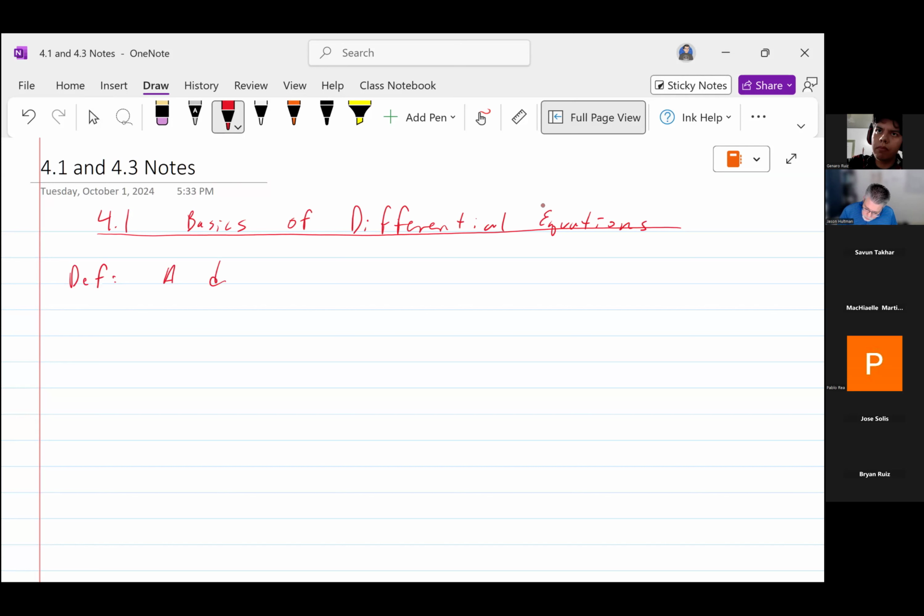A differential equation is any equation that involves one or more derivatives of an unknown function.